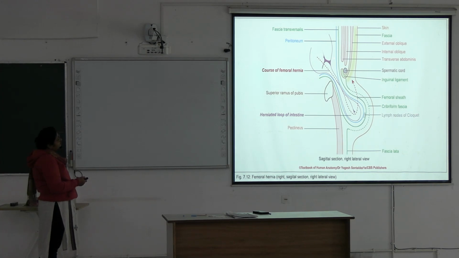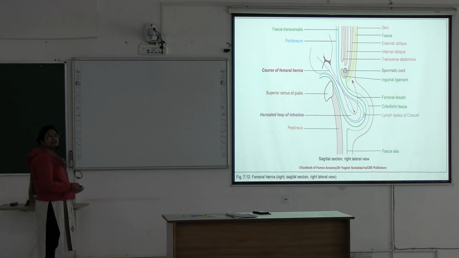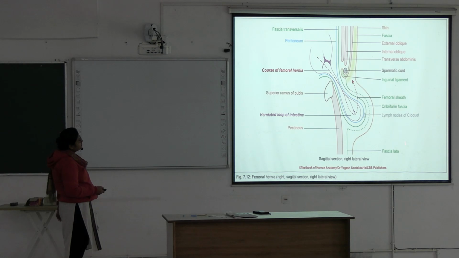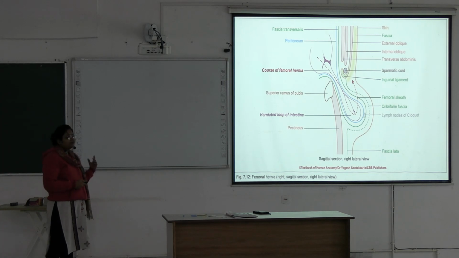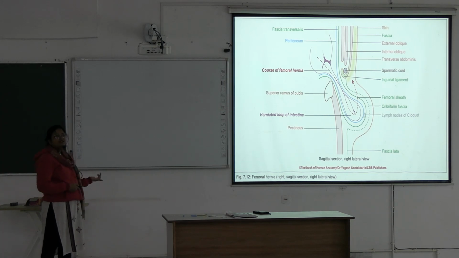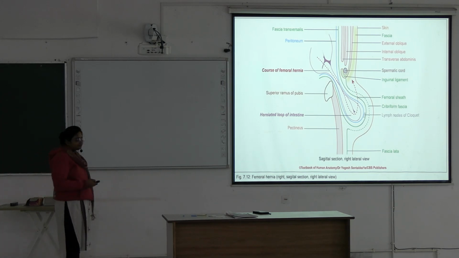Then there will be the covering of the fascia transversalis, which was forming the femoral sheath, and then the covering of the peritoneum, and this is the content containing the herniated loop of intestine, which also may contain blood vessels. So this schematic diagram is showing different contents and coverings of the femoral hernia. You practice a schematic diagram like this for femoral hernia.